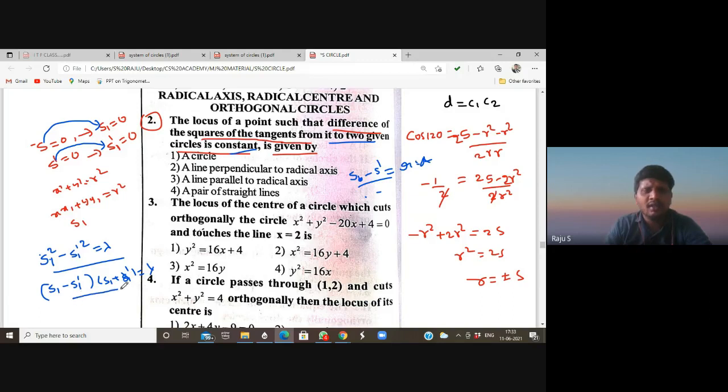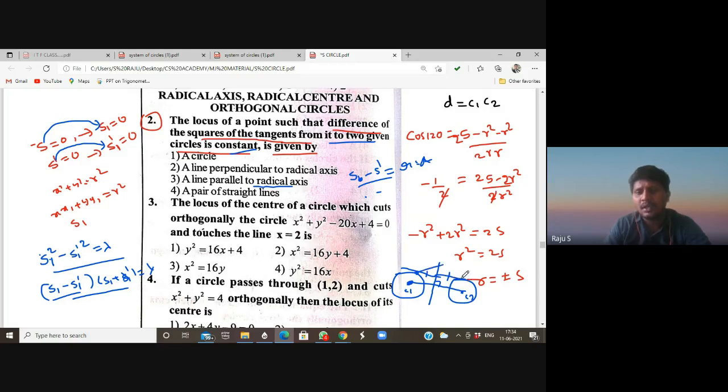So finally it will give a radical axis plus some constant. For example, these are the two circles with center C1 and center C2. If I join these two centers, the radical axis is perpendicular to the line segment joining the centers, and it is equidistant from the tangents we can draw to the two circles.